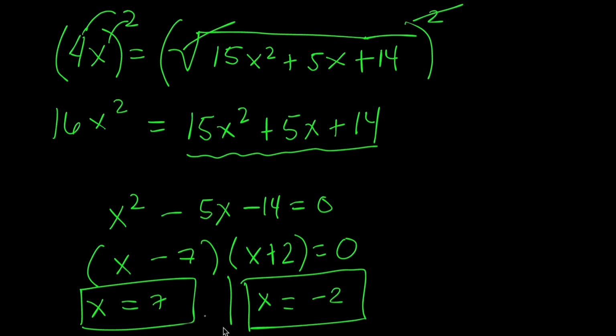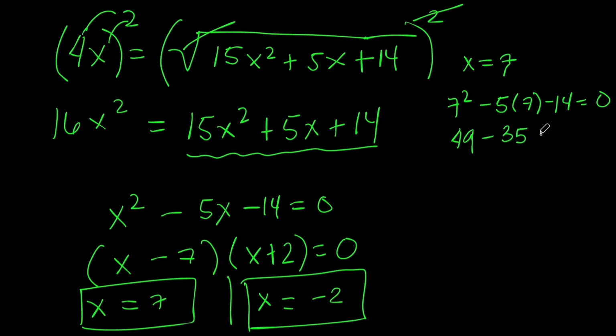If x equals 7, we have 7 squared minus 5 times 7 minus 14 equals 0. 7 squared is 49, and 5 times 7 is 35. 49 minus 35 is 14, and 14 minus 14 is 0. And yes, 7 is allowed.